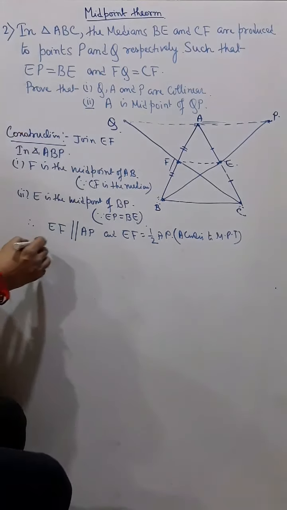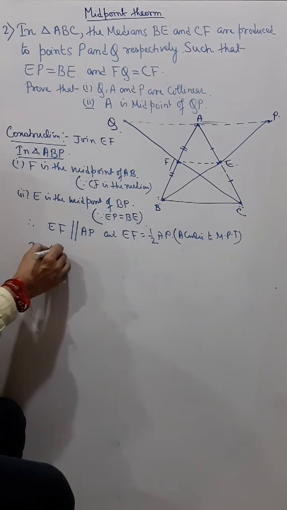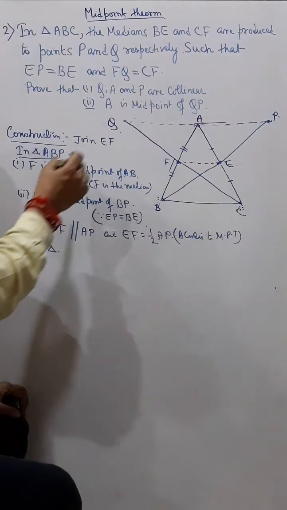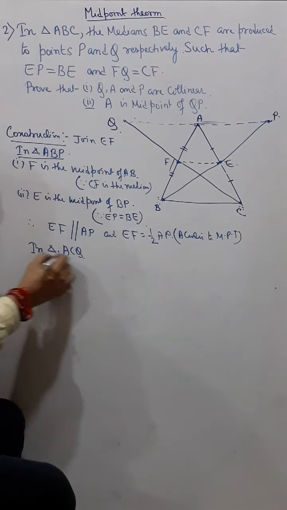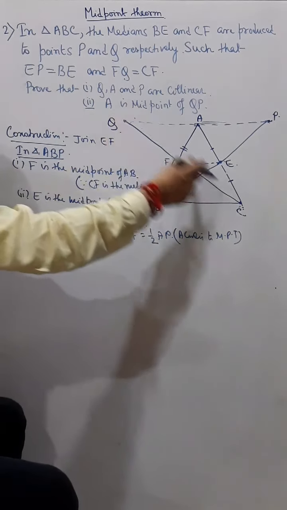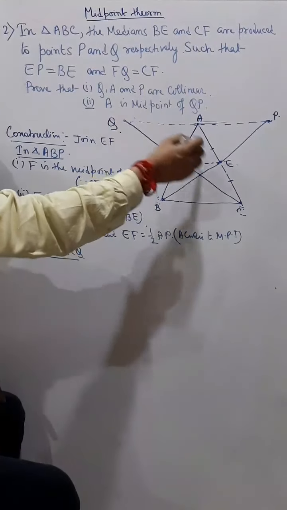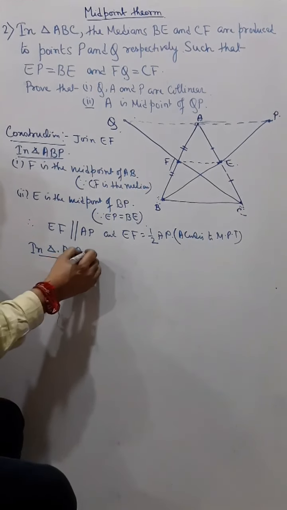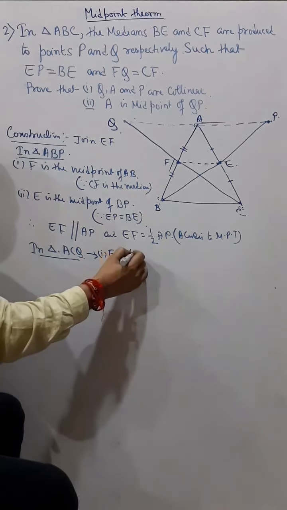Now similarly, I will take this side in triangle ACQ. So similarly in this part also we'll do the same thing. If you see in ACQ, first we can say that E is the midpoint of AC.